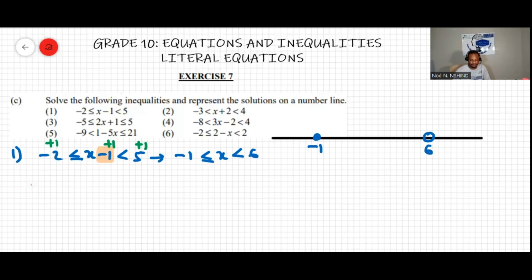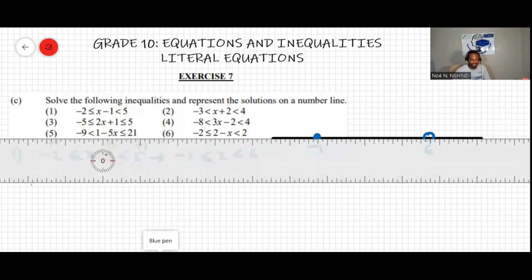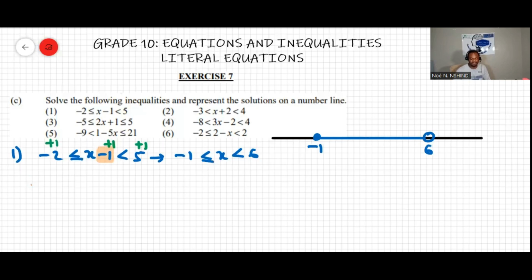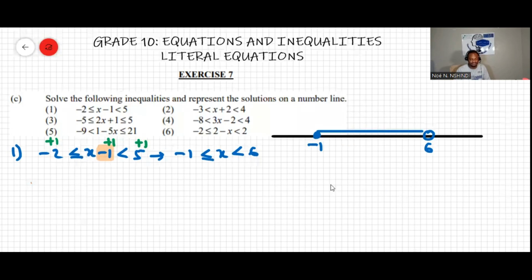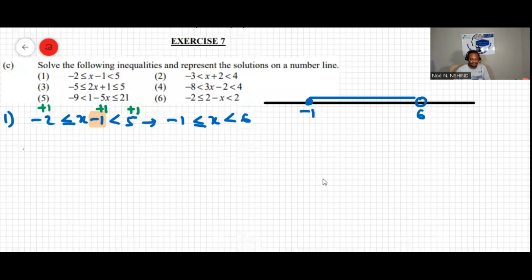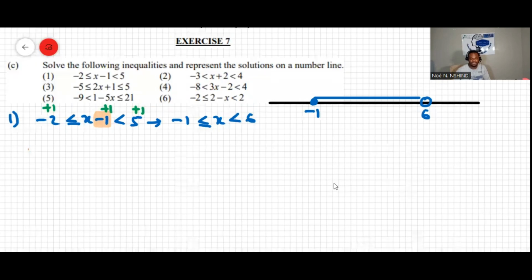Then I can draw my interval this way. I can leave it like this because I'm using 2 different colors, or if you use one color, you can just shade the other one on top. It's correct. That was question C1.